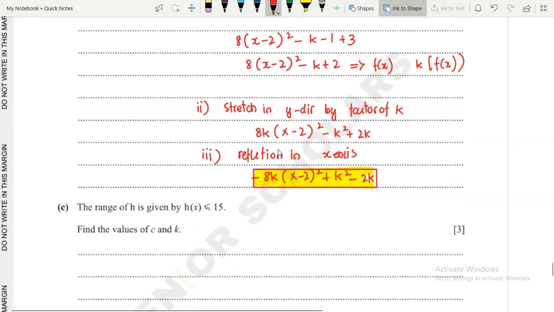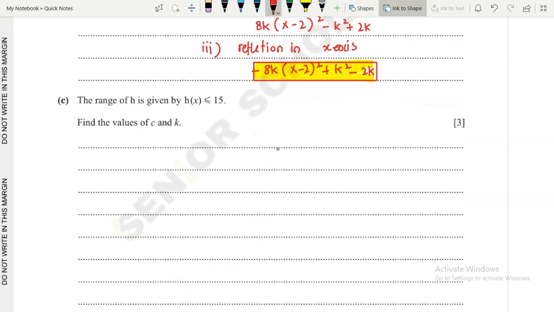Let's move on to the range of h, which is given by h of x is less than equal to 15. Find the value of c and k. So we have just found the equation. You can see that this equation is written in the form of turning point, because if you have studied this, you should know that this gives you the x value of the turning point, and this whole thing gives you the y value of the turning point.